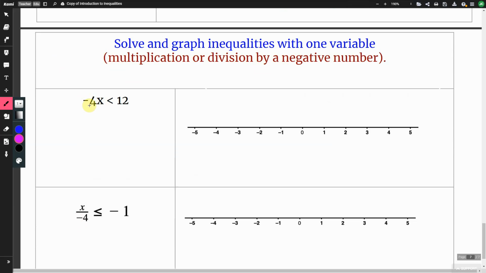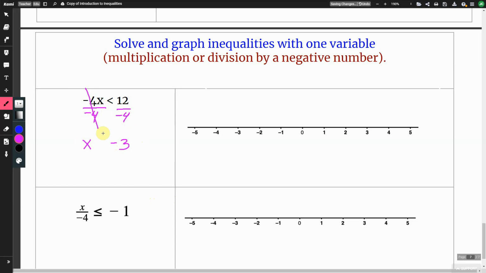You have negative 4x is less than 12. All you have to do is, well, they're multiplying. So to get rid of that negative 4, you have to divide both sides by negative 4. Okay? That's gone. And then you have x, and 12 divided by negative 4 would give you negative 3.